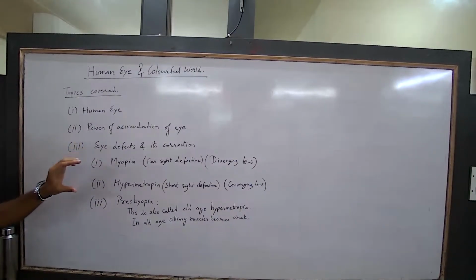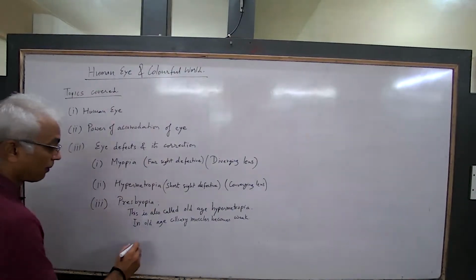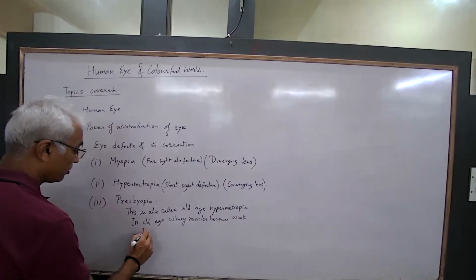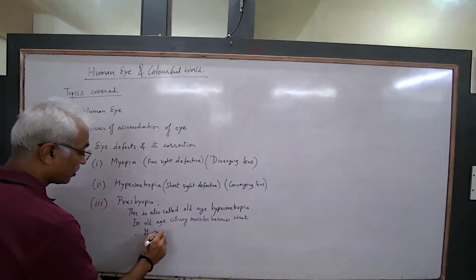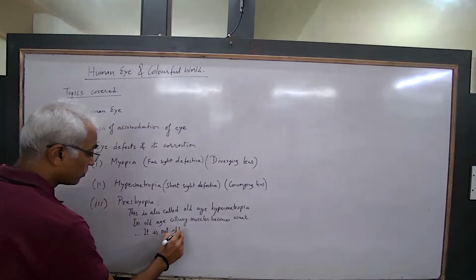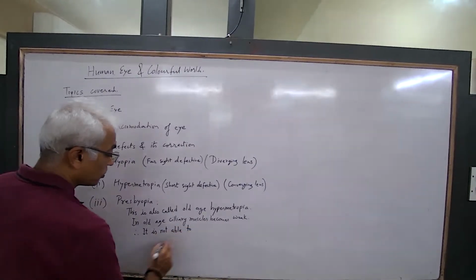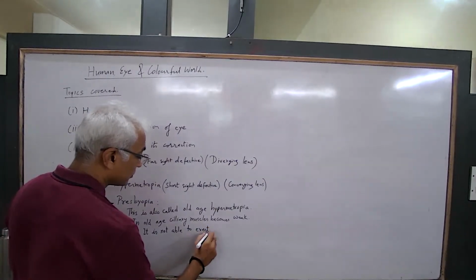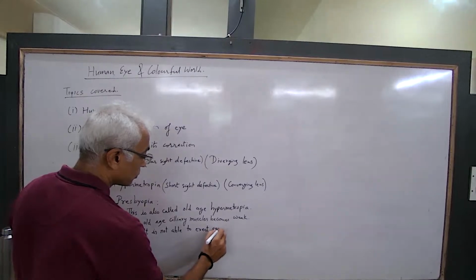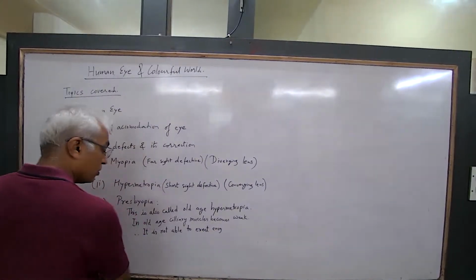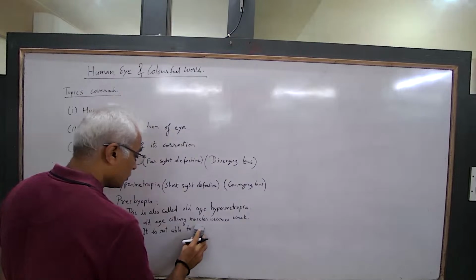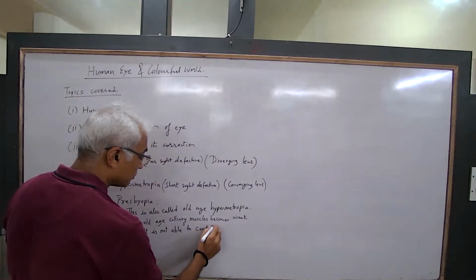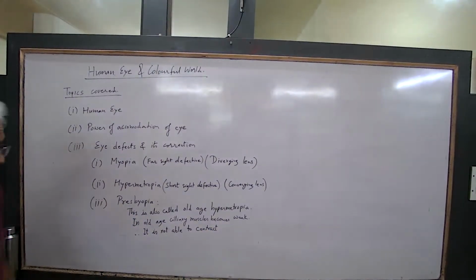That is not possible, or not normal, right? It is not able to exert enough force, not able to contract. The lens also loses its flexibility. Yes, the lens also becomes hard.